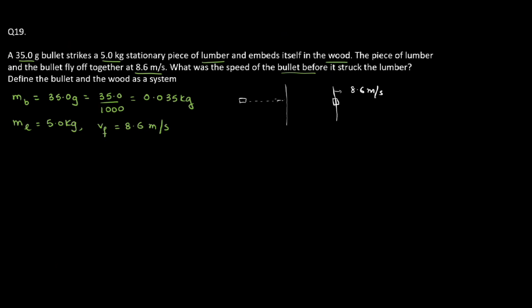To solve this question, we are going to use the law of conservation of momentum. The law of conservation of momentum says that sum of momentum before collision must be equal to sum of momentum after the collision.